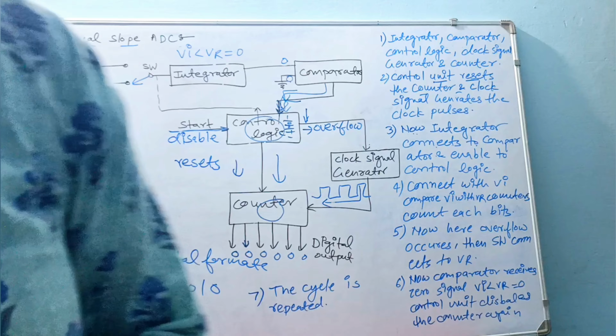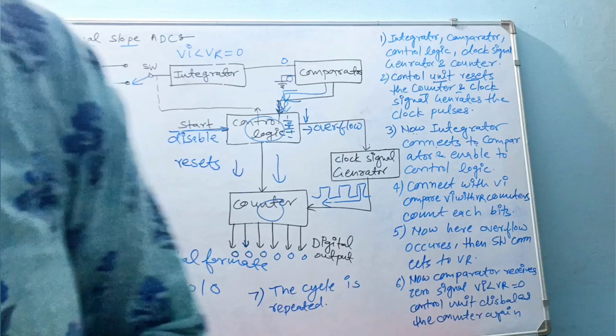When the clock signal generator starts creating the clock pulses, the start signal is enabled and the switch is connected to the Vi voltage. Here the integrator is connected to the comparator. The comparator compares the two input values, Vi and Vr.